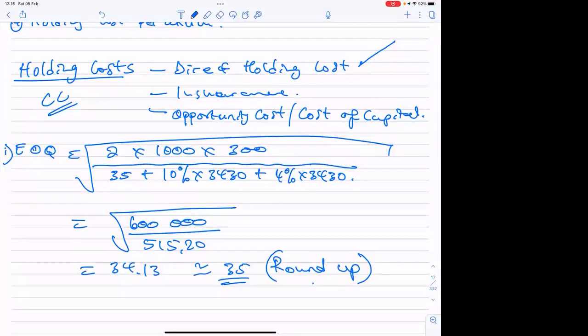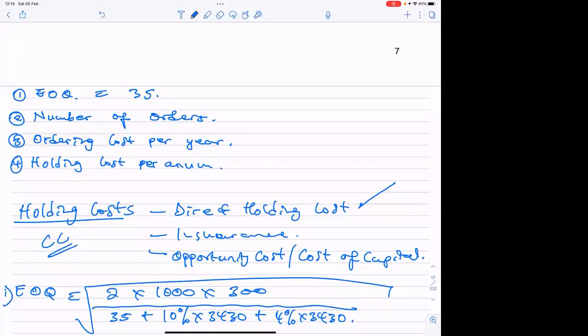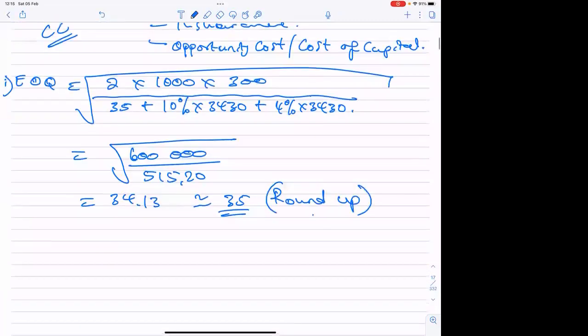Then the second part is, we said we need to calculate the number of orders. But before we go to the number of orders, what does the 35 mean? That is what is important. You have calculated and said my economic order quantity is 35. But if somebody asks what it means, what does the 35 that we have calculated mean?